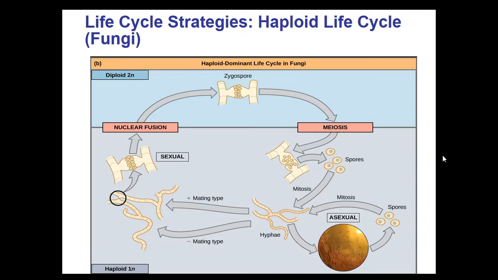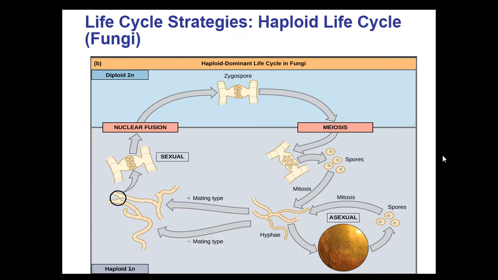Forms these spores, which are haploid, that grow into the haploid adults, which produce haploid sperm. So it still involves sperm and egg, just like in humans, but the adults are haploid.